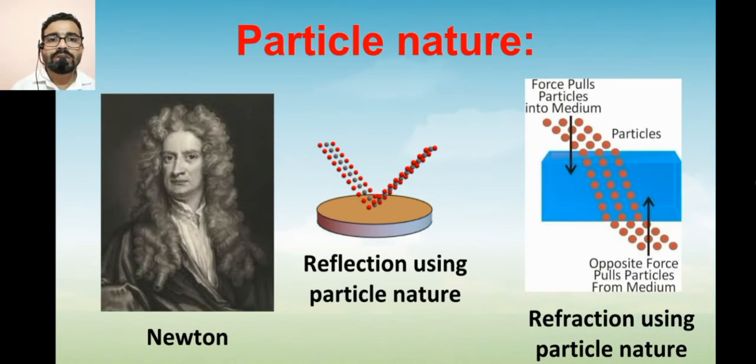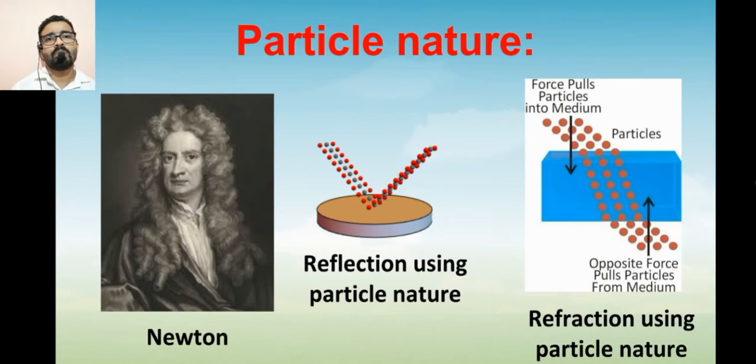Actually this was not the theory of Newton. It was proposed by another scientist called Descartes. But this theory was developed by Newton after Descartes, and all the results he got from this theory were written in Newton's book called Optics.